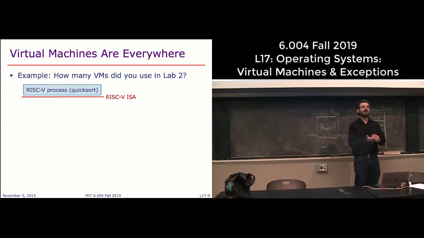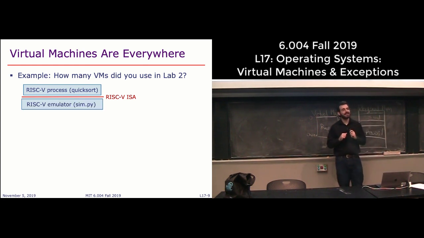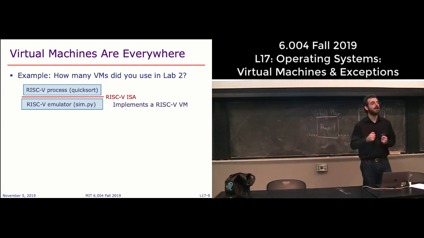Right? You wrote assembly, and it was running RISC-V instructions. But we didn't give you a RISC-V processor to test your program, right? Instead, what we gave you is another program. We gave you a Python program that emulates a RISC-V machine. Yes? So that is a virtual machine. We gave you a RISC-V emulator that implements a RISC-V virtual machine.